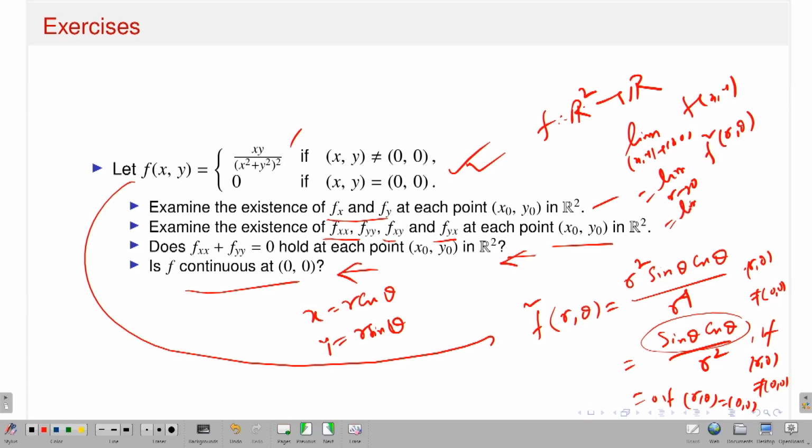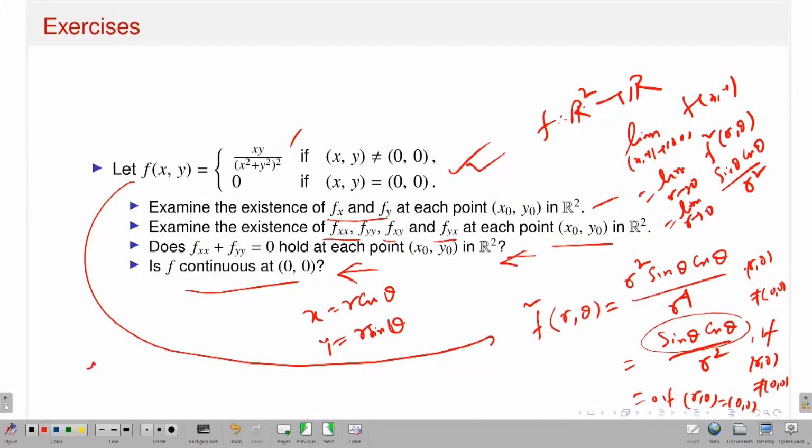This is nothing but the limit as r approaches 0 of sine theta times cosine theta divided by r square. Now the numerator, sine theta and cosine theta, is actually a bounded quantity, right? It is bounded by some constant, but in the denominator is r square, and if r approaches 0, it blows up. Therefore the limit does not exist, and therefore the function is not continuous. That is one of the ways to talk about it, by changing to polar coordinates.